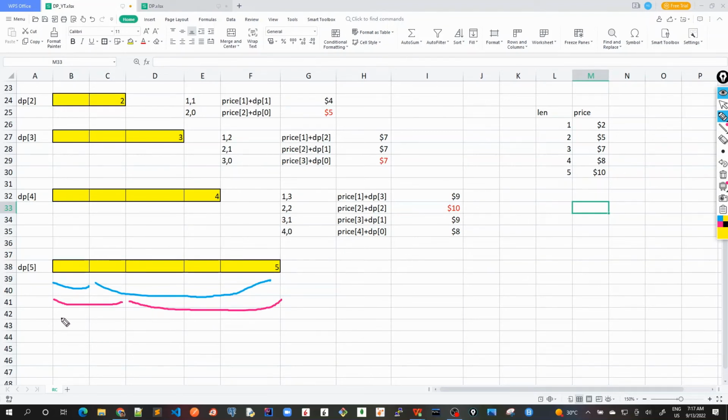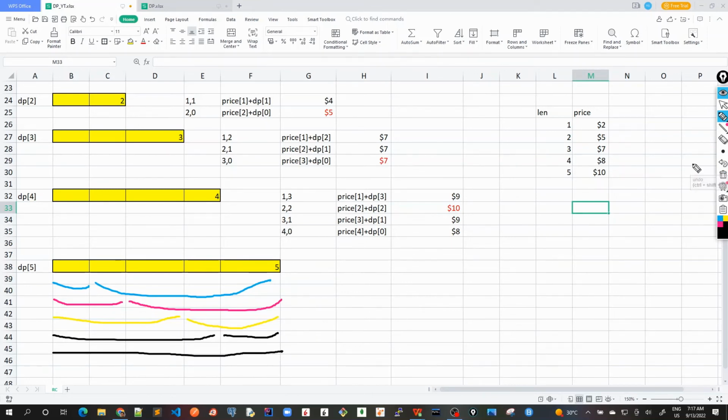Other would be taking the price of length 3 and taking dp of 2. Or we can take price of length 4 and dp of 1. Or finally, we can take the whole price of 5 and then remaining 0.